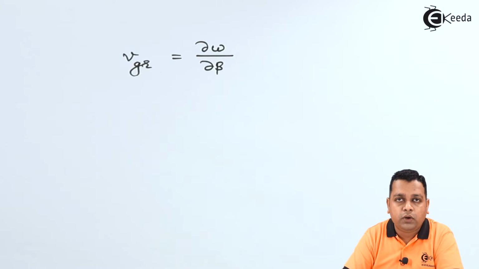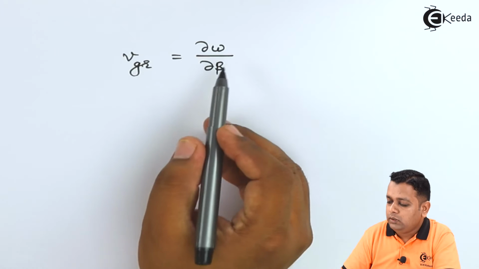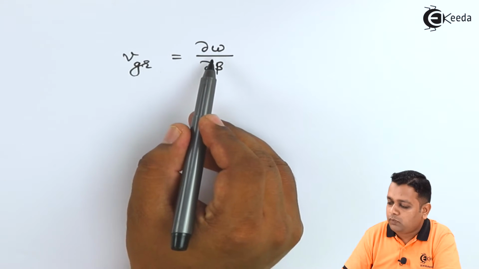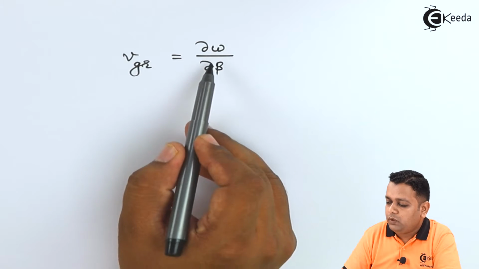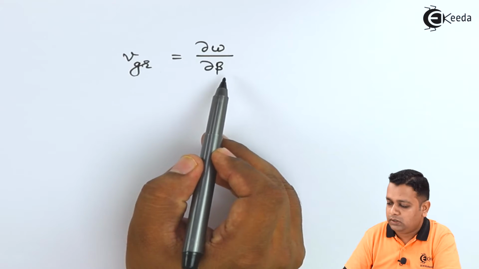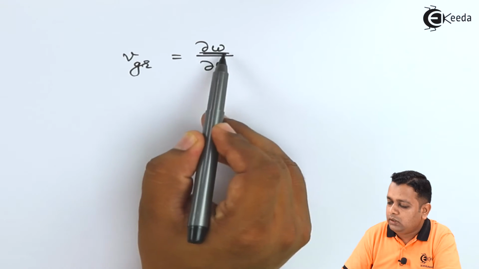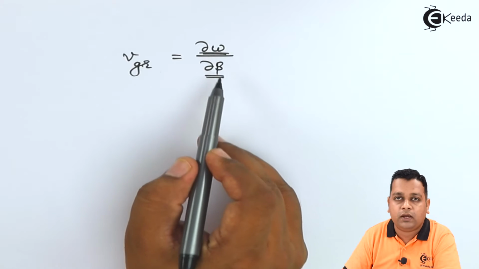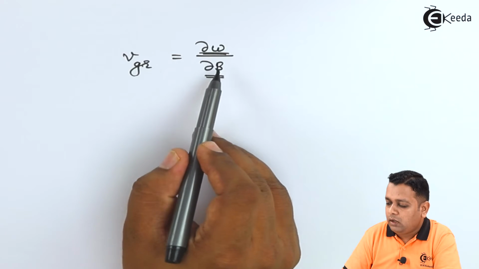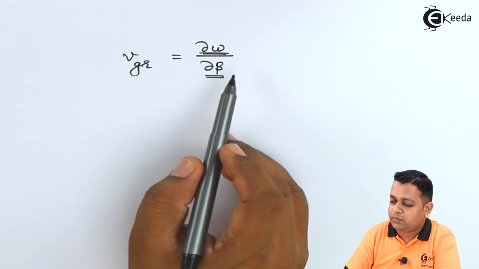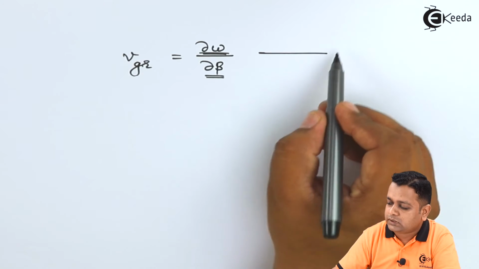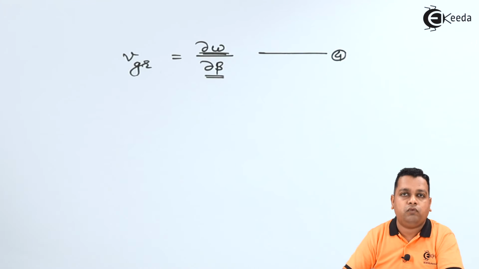From the Brillouin diagram, we have the partial differentiation of omega with respect to beta, or the differentials of omega and beta, and this ratio represents the group velocity. Let us say this is equation number 4.